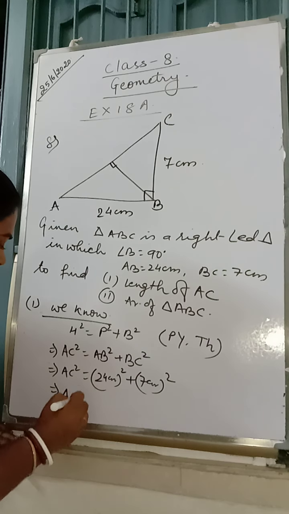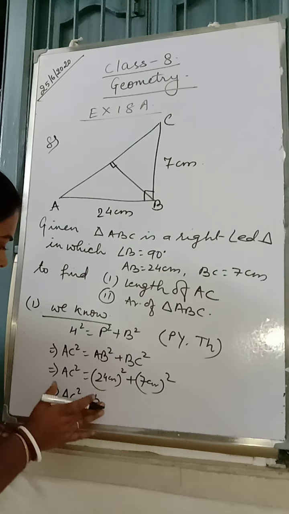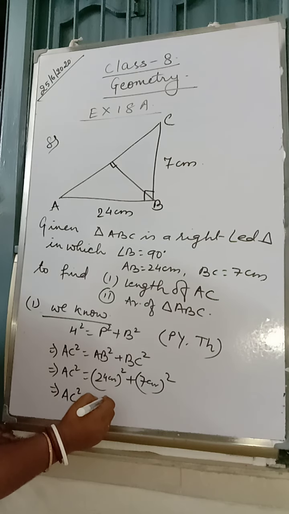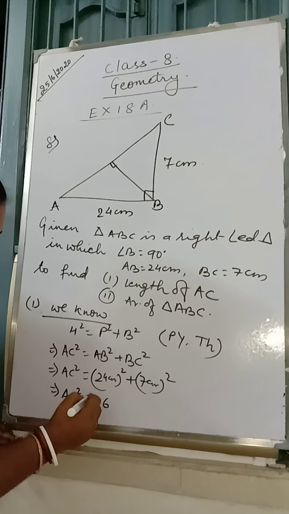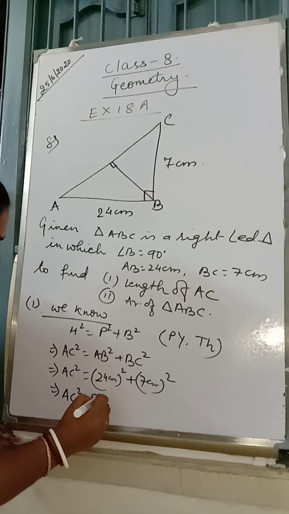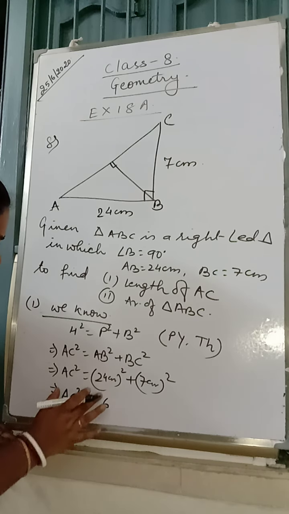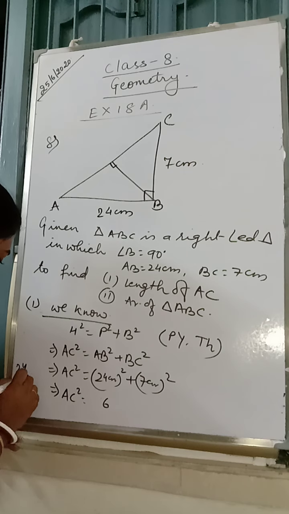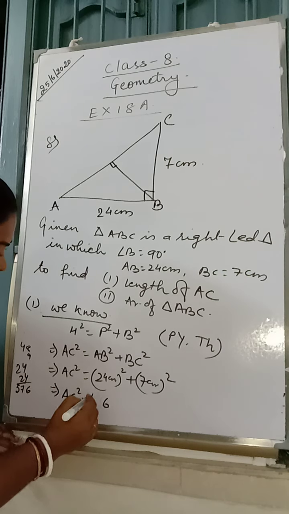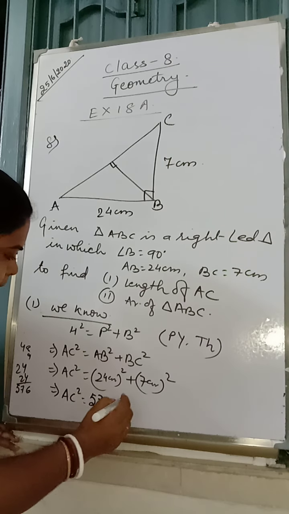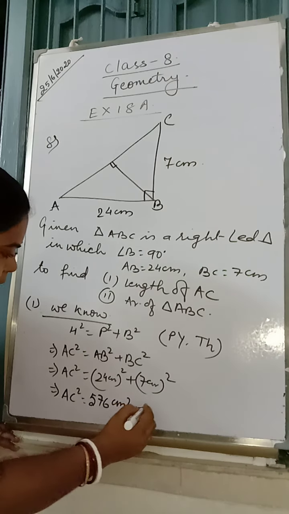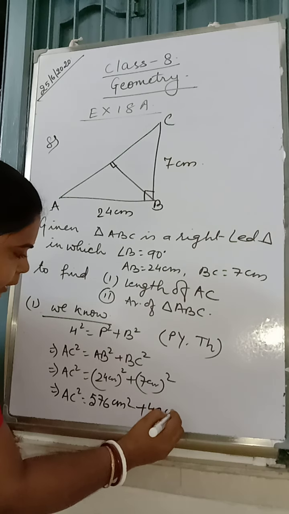Or AC square is equal to 24 squared, 576 centimeter square, plus 49 centimeter square.